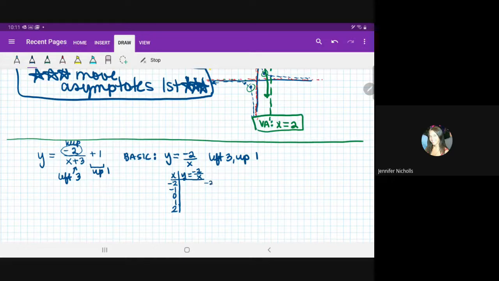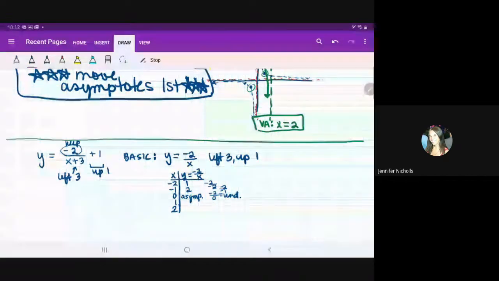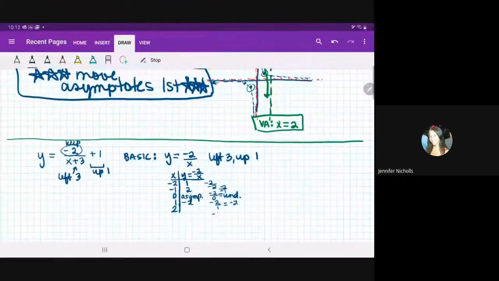So -2 over -2, that's division, so that's +1. -2 divided by -1, that's +2. -2 divided by 0, that's undefined, and I've just been writing asymptote because that's helpful in the graph. This is really called undefined, but the graph has an asymptote. And then -2 over 1, which is -2. And then -2 over 2, which is -1.